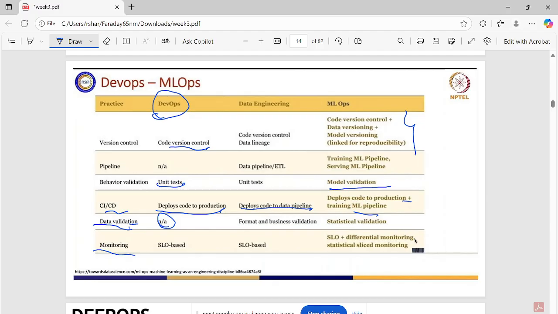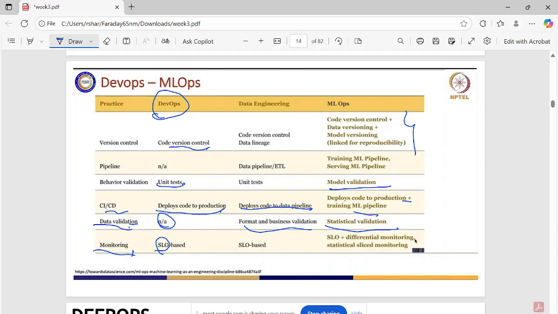In the case of MLOps, there is statistical validation, and also format and business validation. Next is monitoring. In DevOps, data engineering, and MLOps, these are called service level objectives, SLOs, and service level agreements.